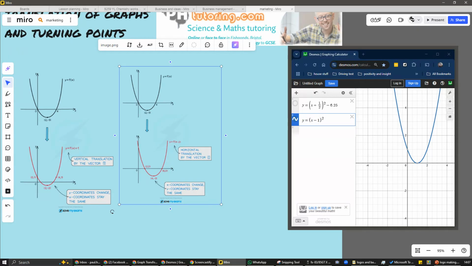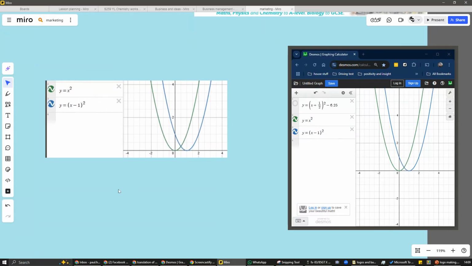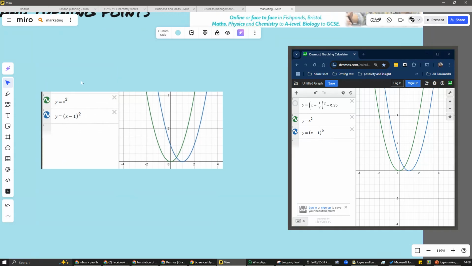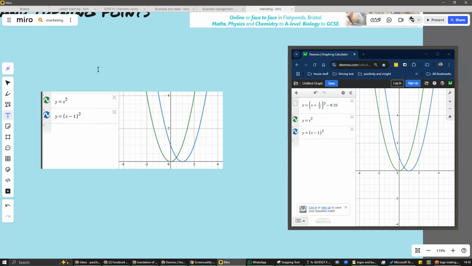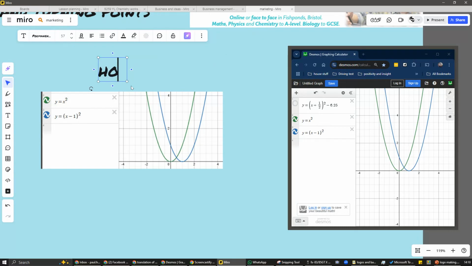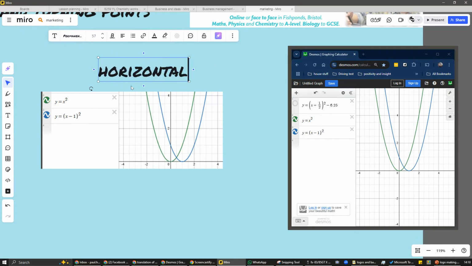So I'm going to get some better images here to demonstrate this. I'm just going to do my own in the end, because I couldn't find any good ways of doing it, and it links exactly with what I'm doing. So let's do that. So this is x. So horizontal translation.